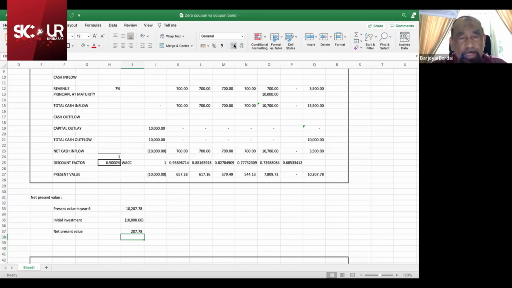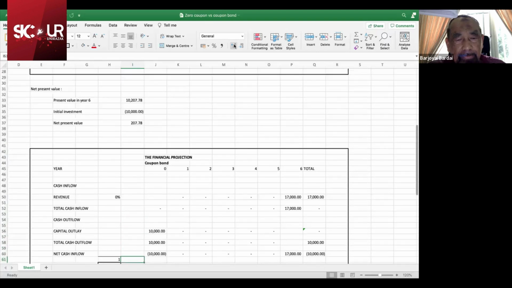So we need to determine the net present value of the bond before we decide to invest, because a bond is very easy. It is a fixed coupon bond, so the coupon rate is fixed every year.